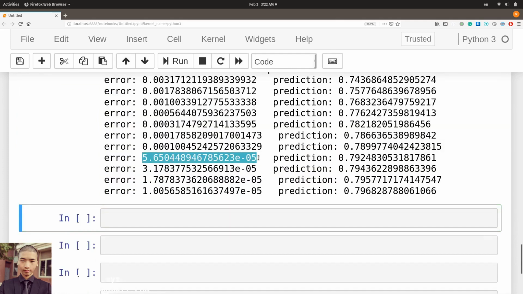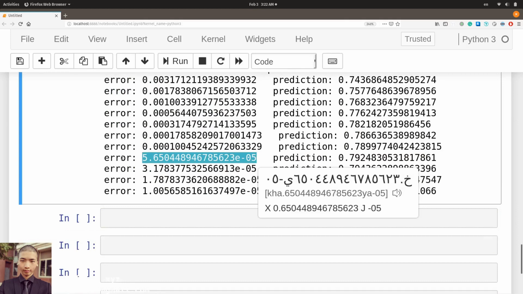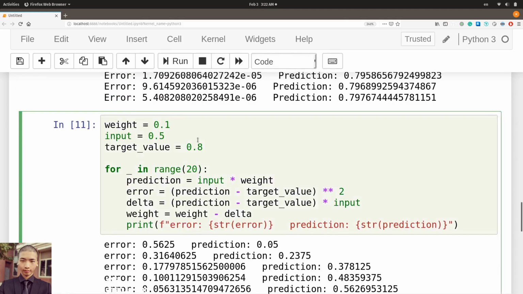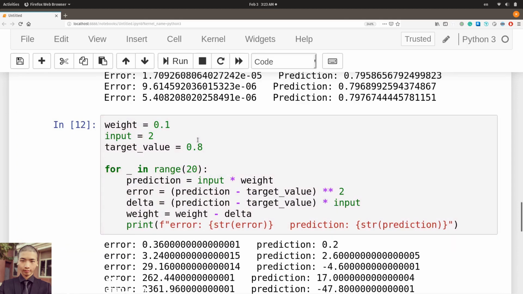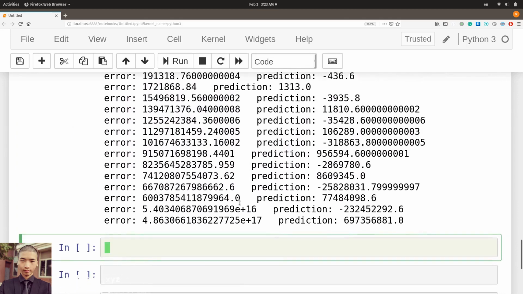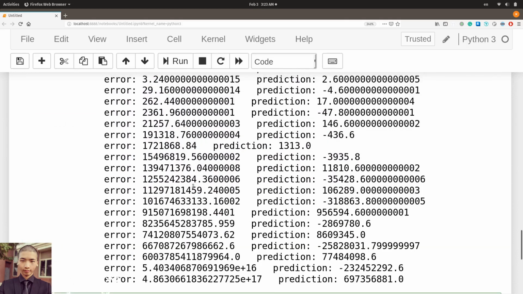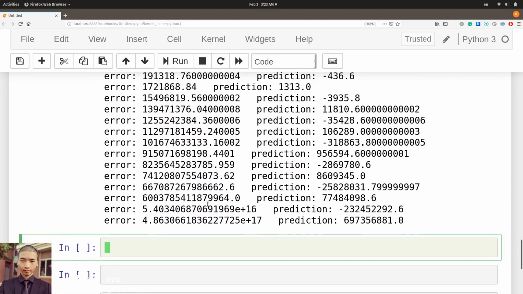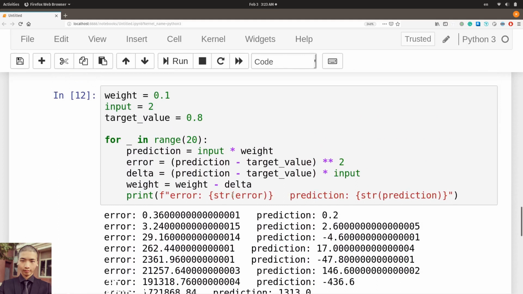Oh, this number maybe means something that's very, very small. What will happen if we change the input to 2, like the author tried? Oh, as you can see, the error just gets very, very big. It's not a good idea. It's overshooting and diverging. We should find a way to solve this problem.